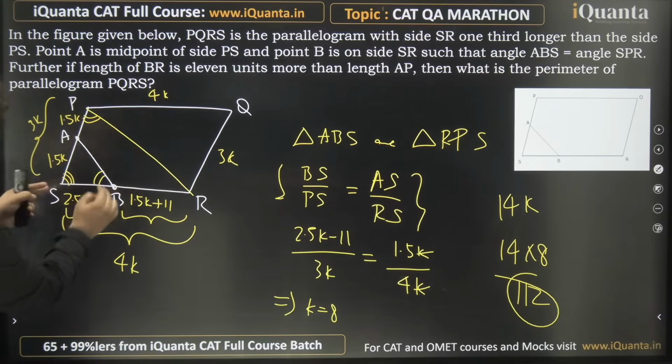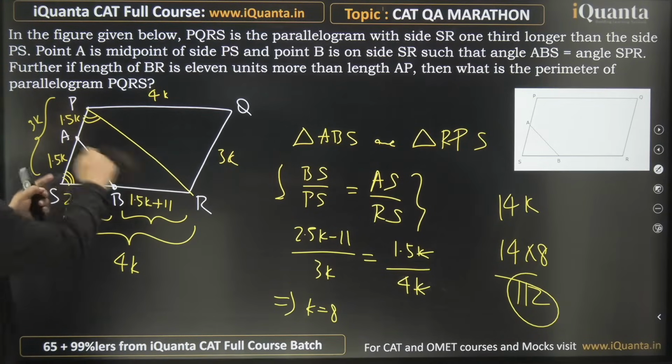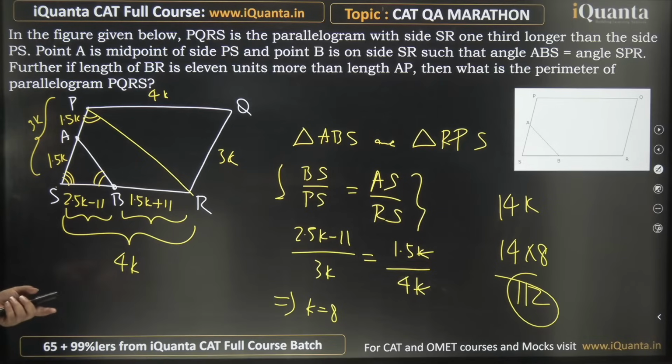The moment you do it, BS overlaps on PS and AS overlaps on RS. Where is the problem? And BA will be overlapping on PR.